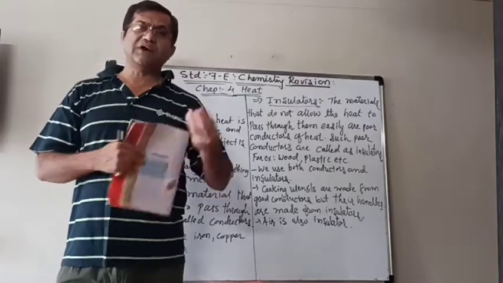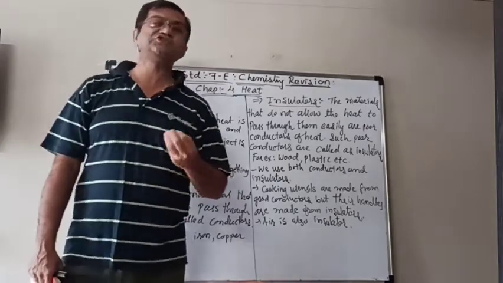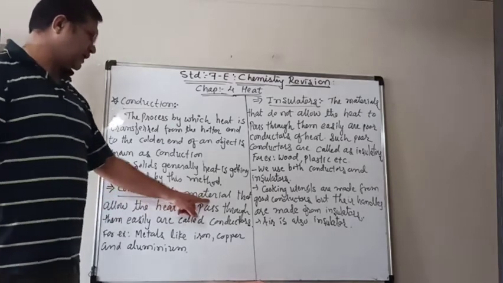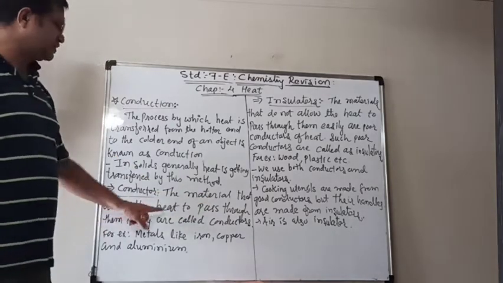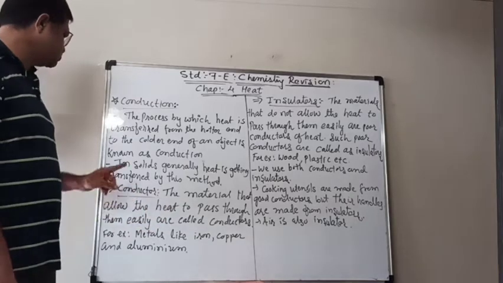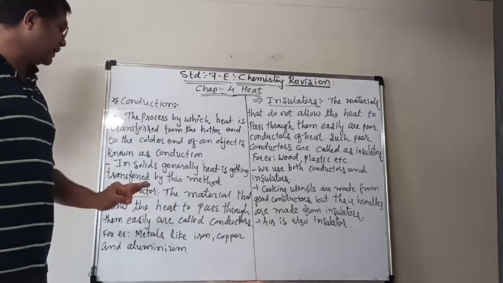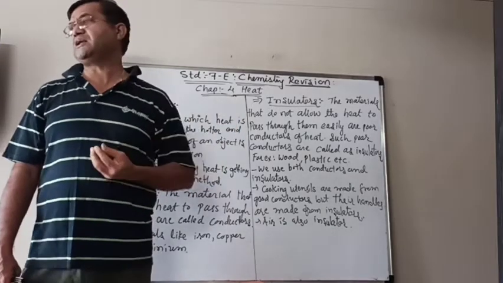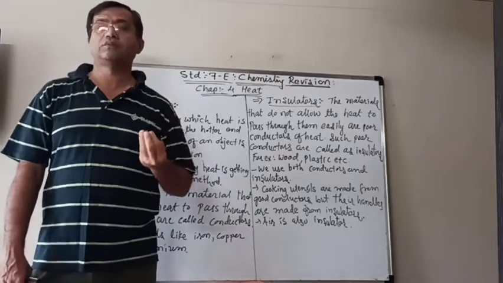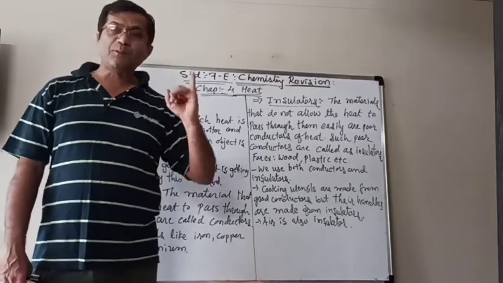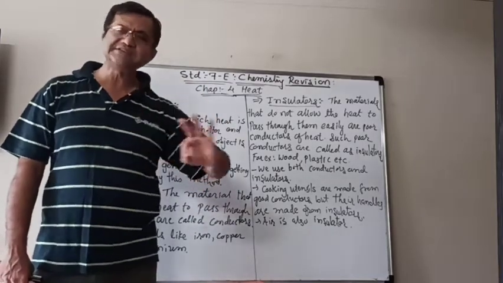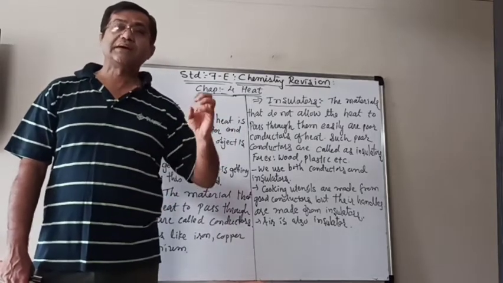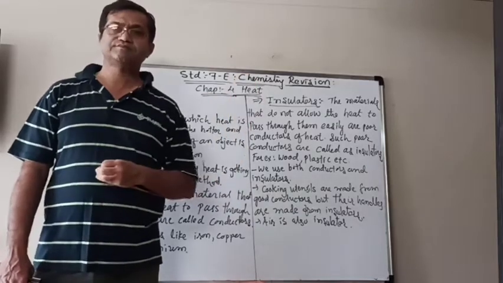So what are conductors and insulators? Conductors are the materials that allow heat to pass through them easily. Those materials which allow the heat to pass through them easily are known as conductors of heat.